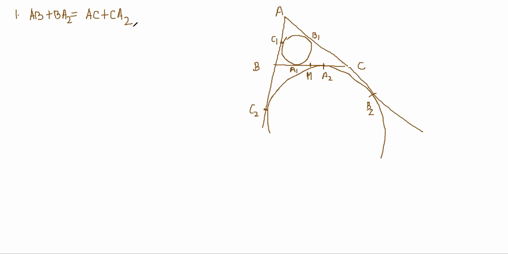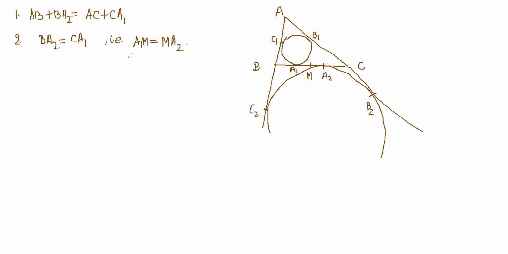There is a printing mistake, it should be CA1. The second thing to prove is BA2 is equal to CA1, that is, A1M should be equal to MA2.